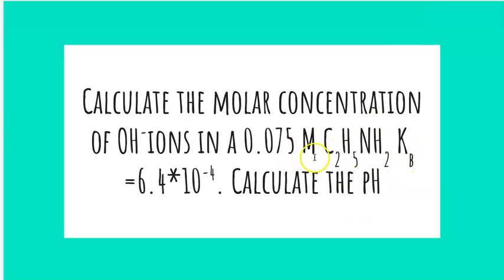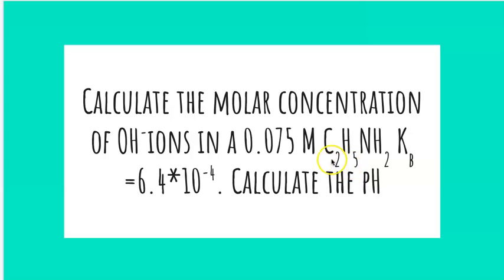Now to help you out just a little bit here, this C2H5NH2, it's going to add a hydrogen from the water and become C2H5NH3+. You can tell that because Kb is bigger than 10 to the minus 7th. This means it's better at being a base than an acid.